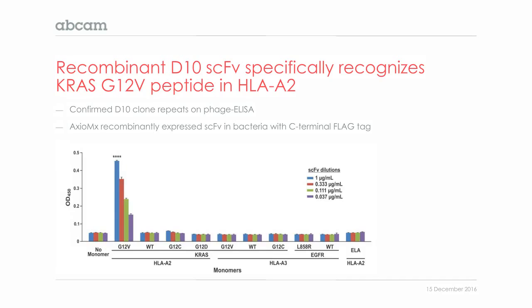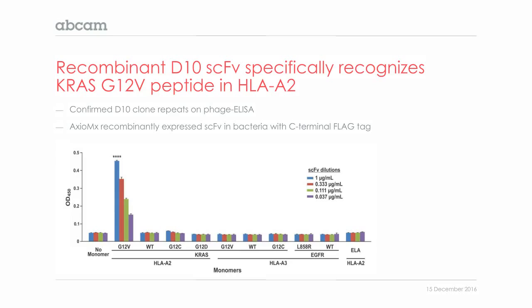This is an example of one of the ELISAs that we did with the D10 scFv. Once again, the y-axis represents the scFv binding ability. We tested the scFv at 4 different concentrations represented by the different colors. You can see that when there was no monomer coated on the strep plate, there was no signal. With the G12V HLA-A2 monomer, we saw a nice dilutional signal.